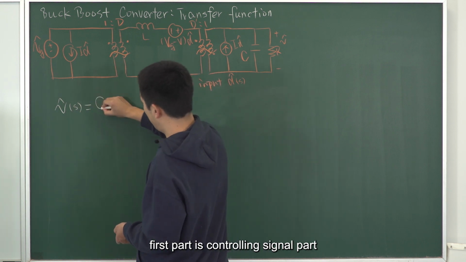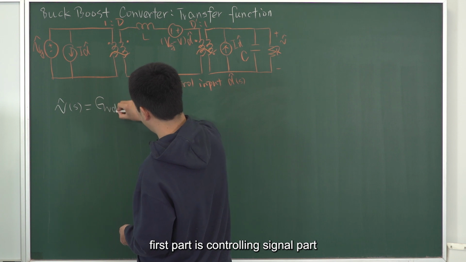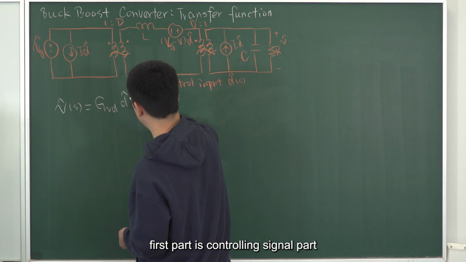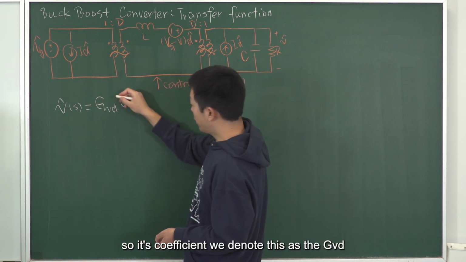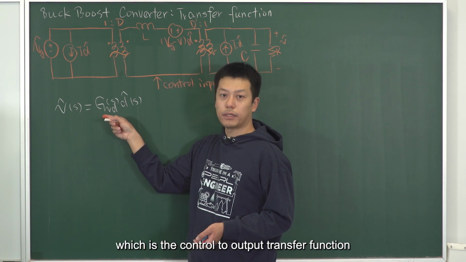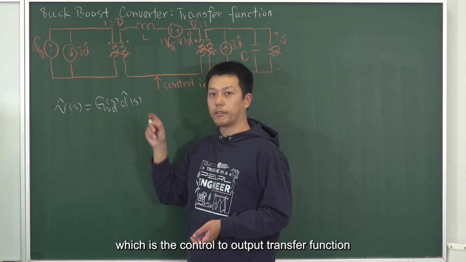The first part is the controlling signal part. Its coefficient we denote as G_vd, which is the control-to-output transfer function.